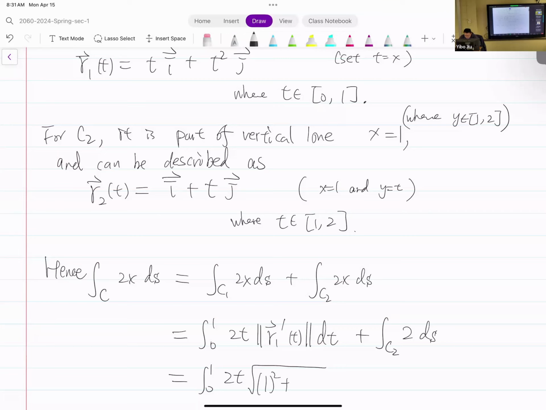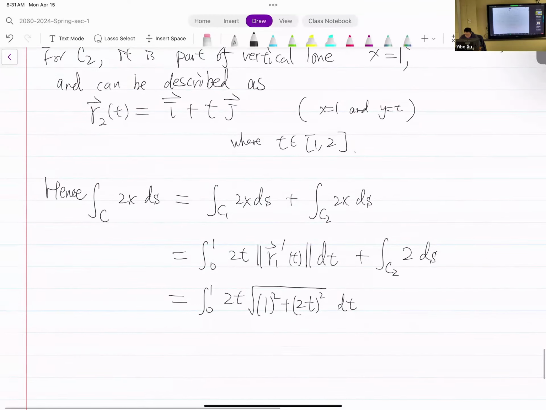For t squared, the second component, we take the derivative, which is 2t, and we square that too. So that's the magnitude of r1 prime, and dt there. And like we said for the second part, this is 2 times the line integral along C2, accumulating arc length.